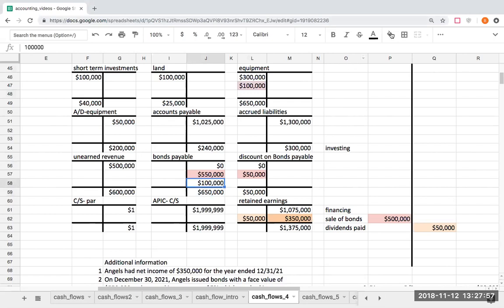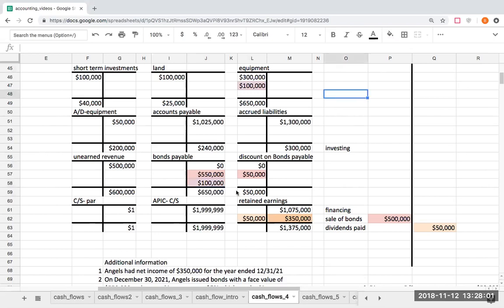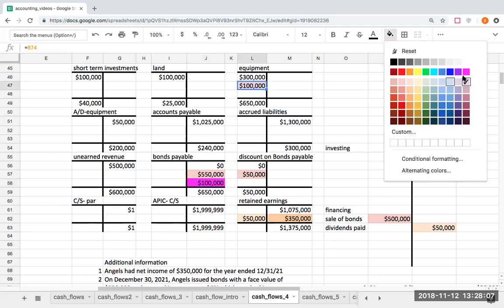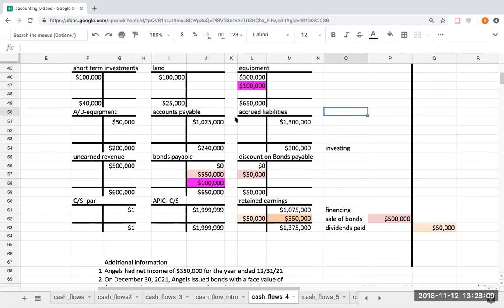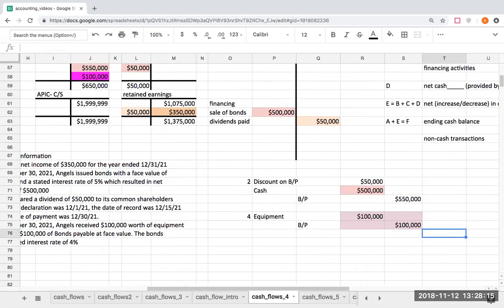But notice here what is incredibly important as we're going through and looking at this is that I'll do a little bit of a different color. There we go. When we're going through and doing this question, this is what we call a non-cash transaction. So there's really no cash that's being impacted here.